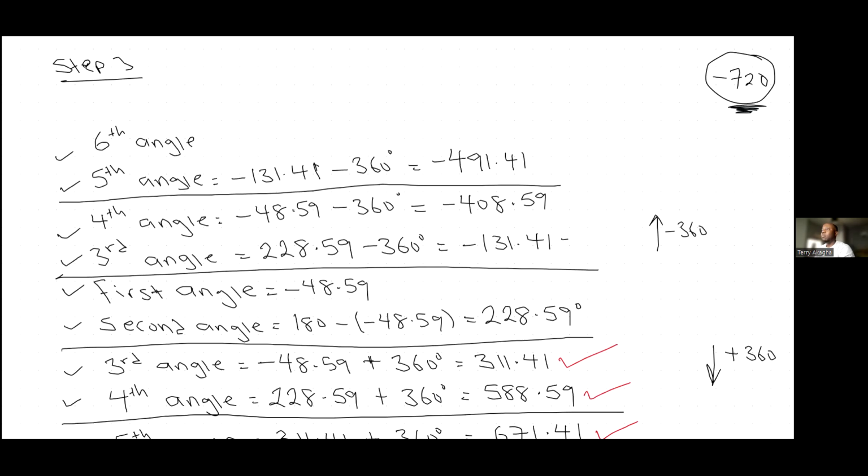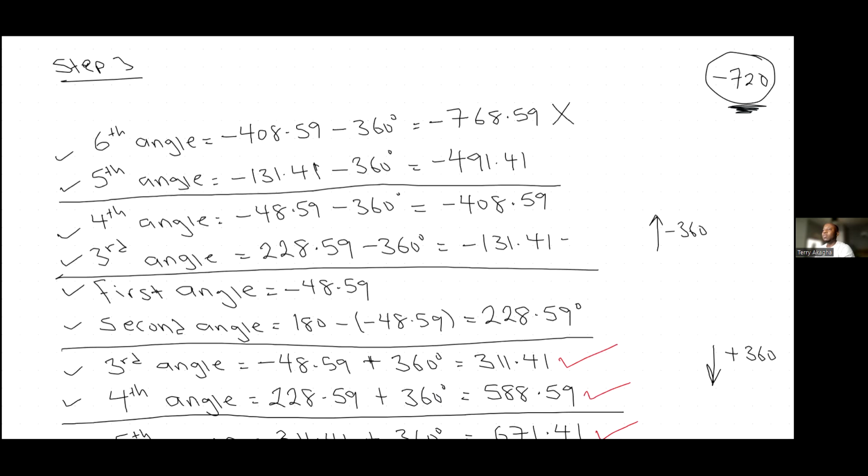So we have minus 408.59 minus 360 degrees. And this is going to give us minus 768.59. So you can see minus 768.59 is beyond minus 720. So we have to stop there.